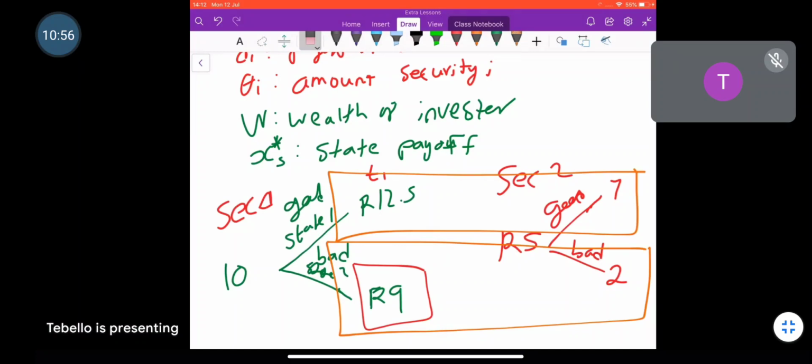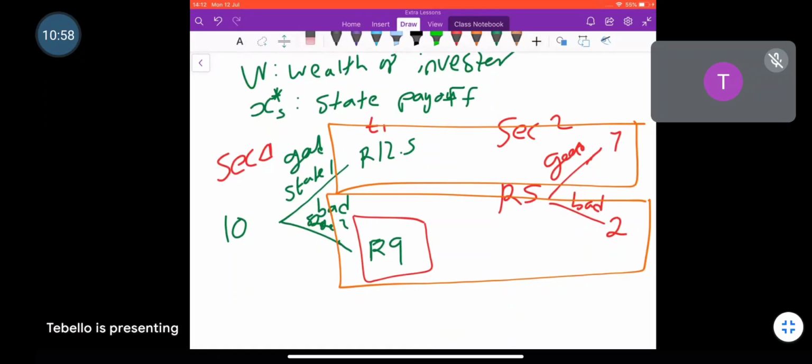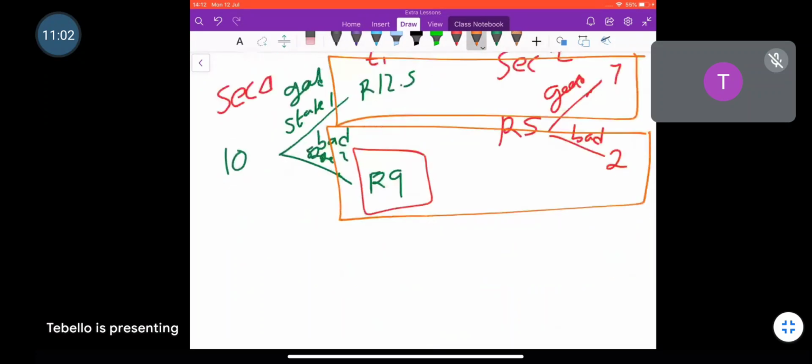Let's say maybe you have bought 2 of security 1, and for security 2 you have bought 4.3 of this security.